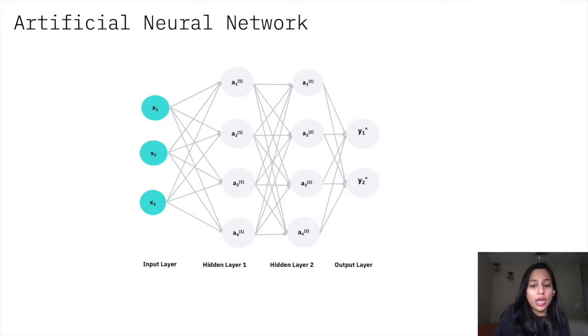But for the sake of understanding CNNs, there is definitely some amount of understanding that needs to happen with ANN. ANN, or artificial neural networks, as the name indicates, is inspired by how a human neural network actually works.